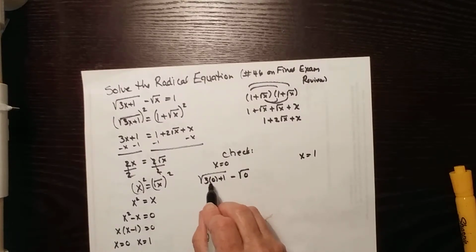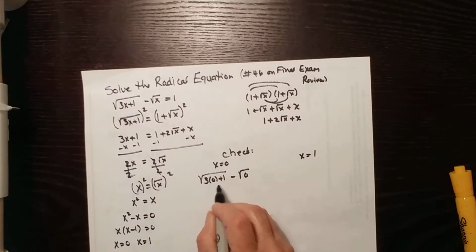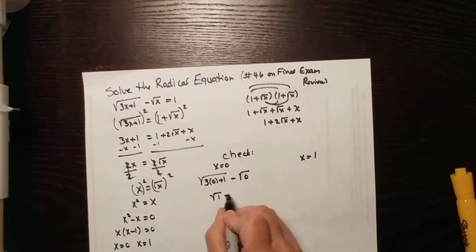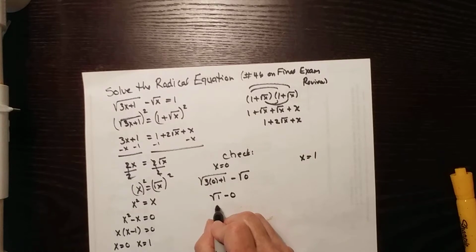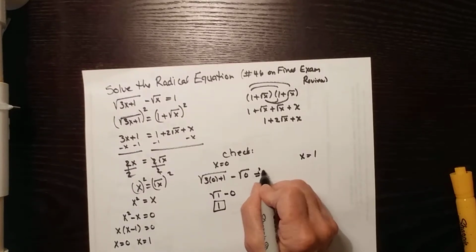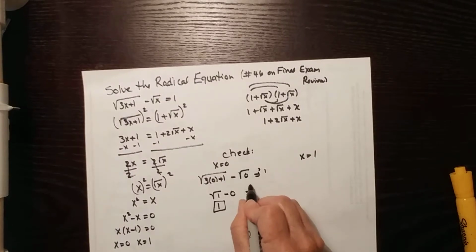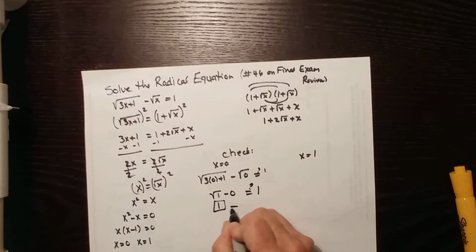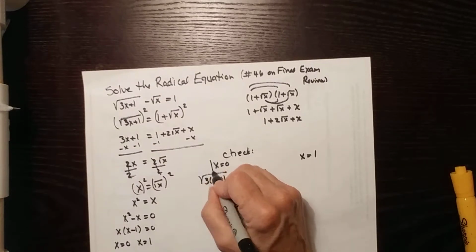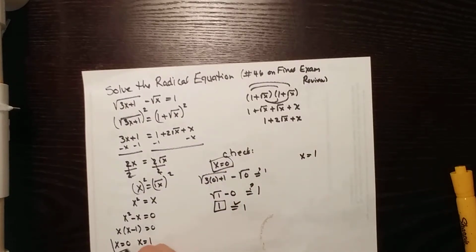Let's see. 3 times 0 is 0, plus 1 is the square root of 1, minus 0. Square root of 1 is 1, minus 0 is just a 1. Did we get 1? Does this equal 1? It does. It equals 1. So this, x equals 0, is a good keeper answer.